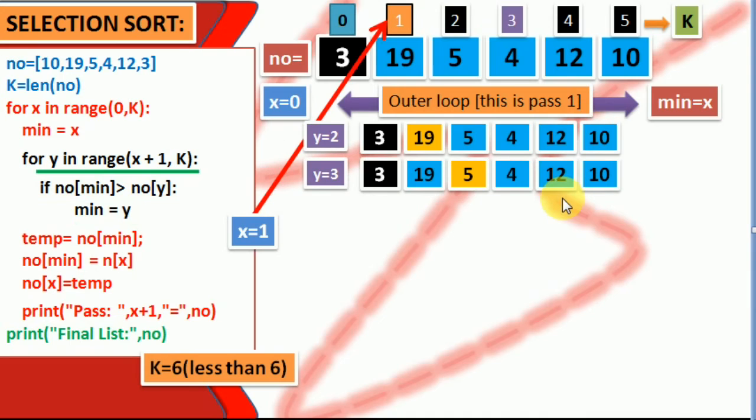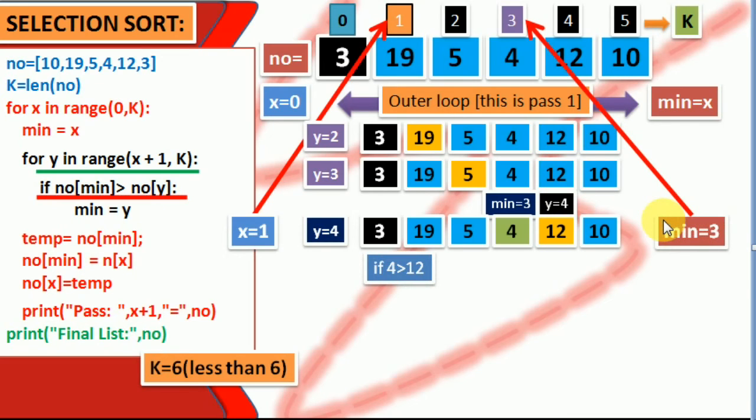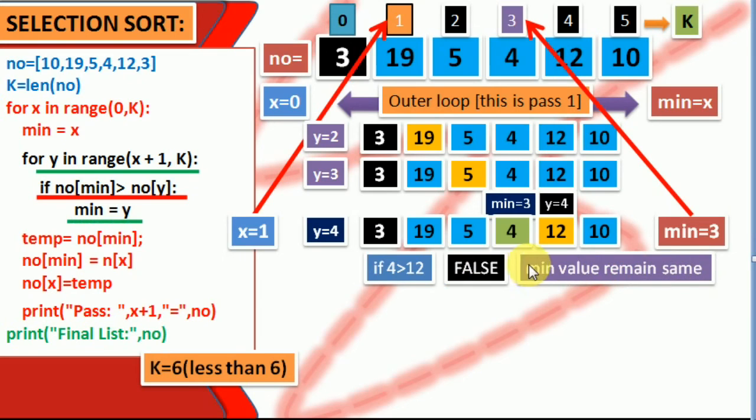Next time, x is still at 1, y starts from 4, min sitting at 3 and y at 4. Again the condition check: is 4 greater than 12? The answer is false. So the value of min remains the same. Min is still 3.